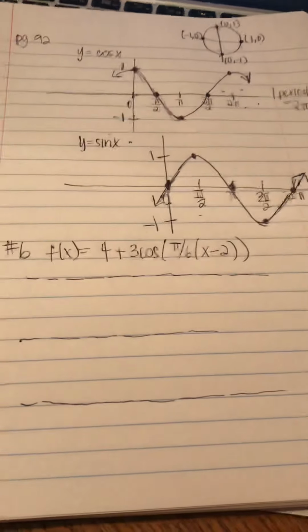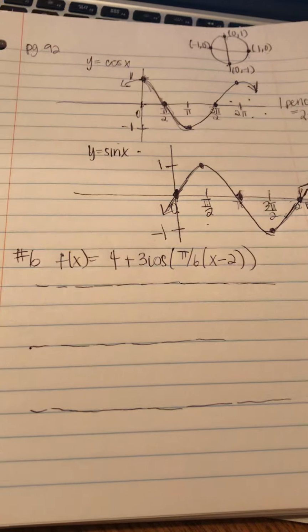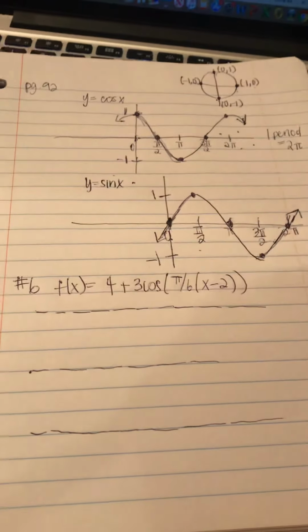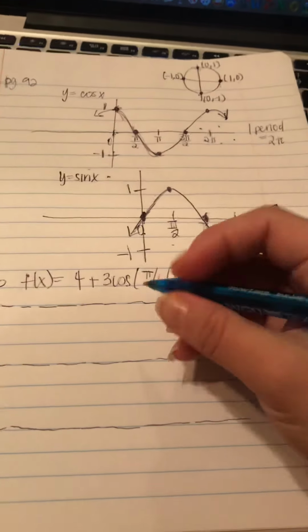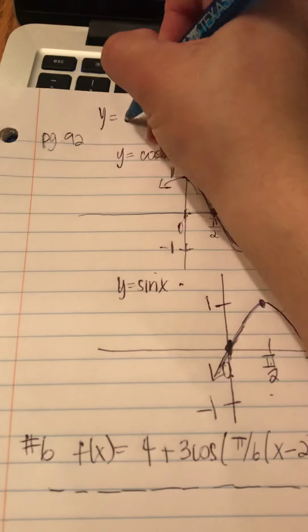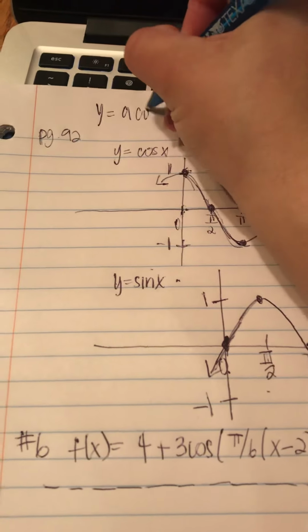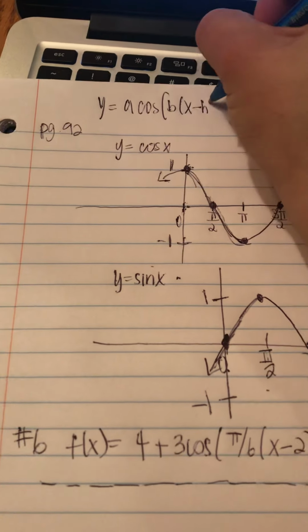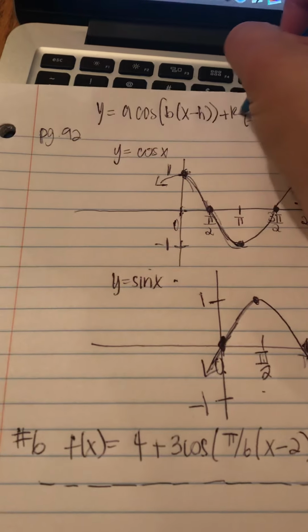Okay. After I do that, then I'm going to start off with the k value. So let me remind you, we have our transformation. I'm going to write it here at the top, but we're going to have y equals a cosine of b times x minus h, plus k.